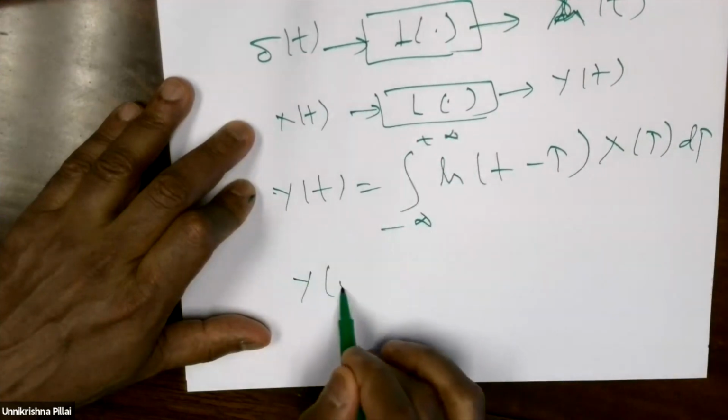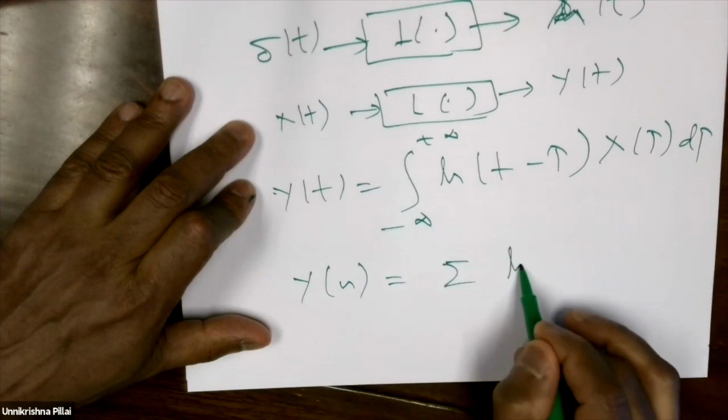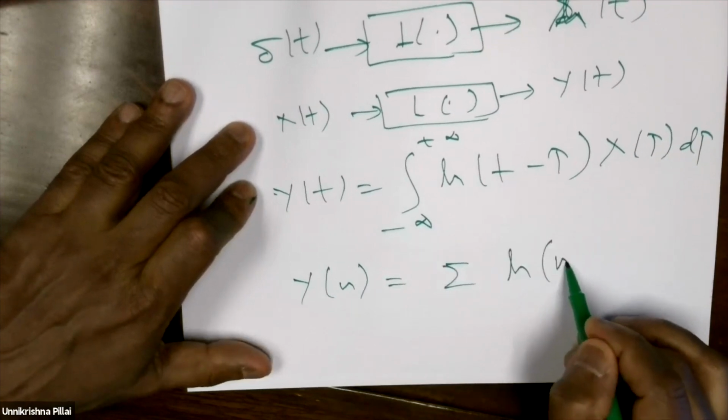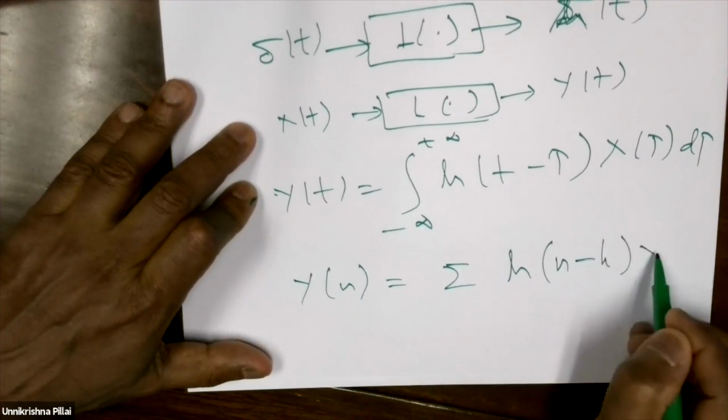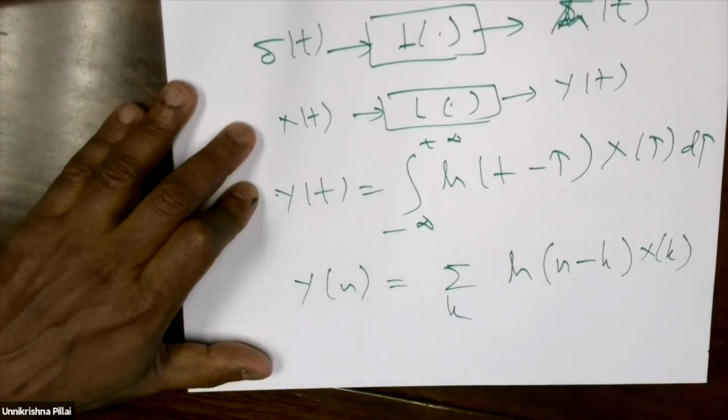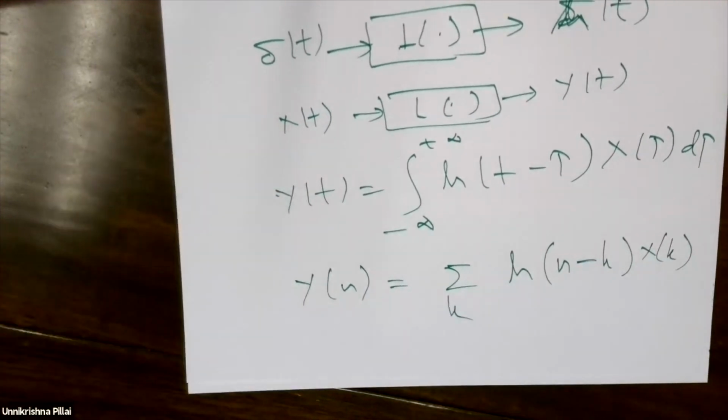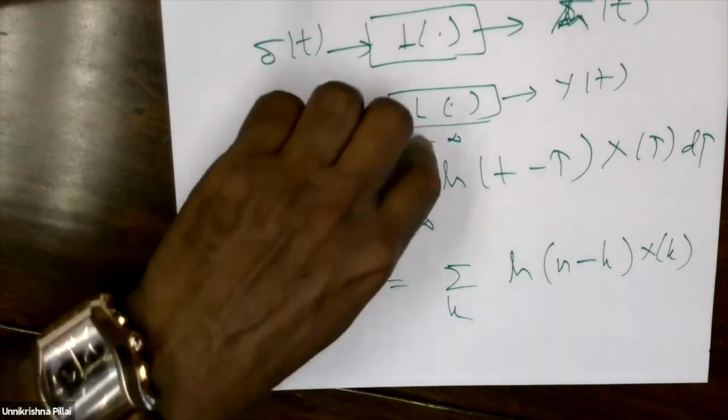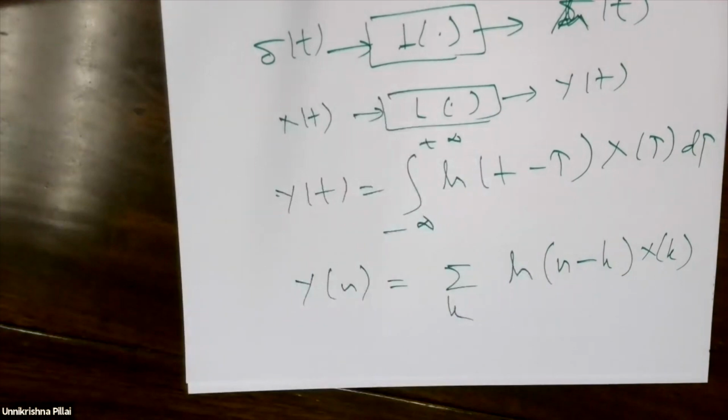This is true even if it is a discrete system. All right, this you must have seen in other courses. If the system is causal, then this goes from 0 through infinity, or the input is causal, whatever.